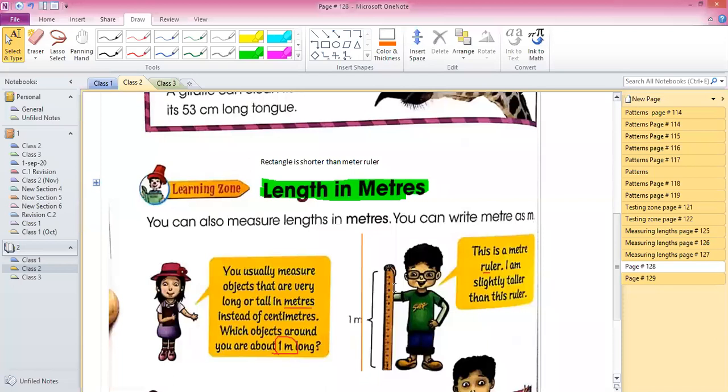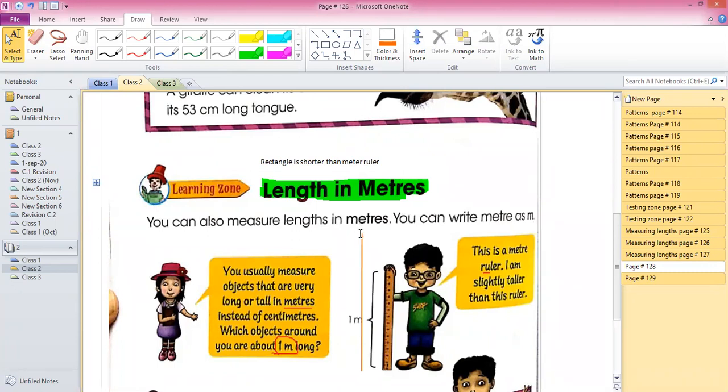What do you have to compare, guys? In this topic you have to compare any object with the meter ruler. So if I ask you about this line, students, tell me whether this line is taller than the meter ruler or less tall than the meter ruler. First you will check whether the line is big or short, long or short. So you will say, sir, this line is big, it is taller.